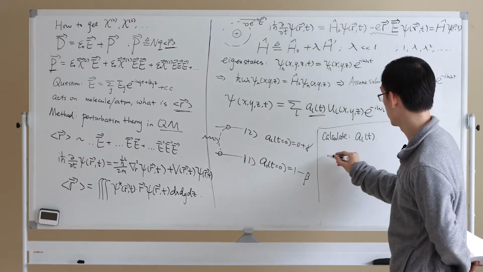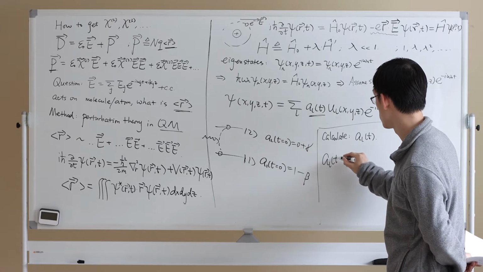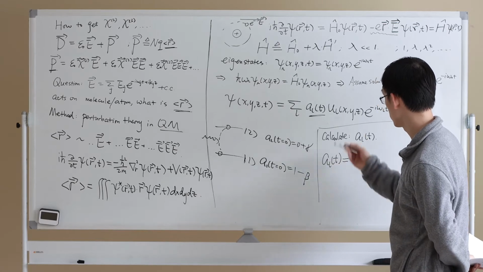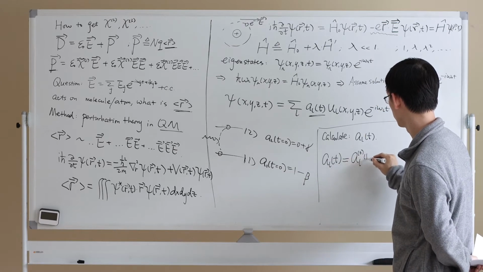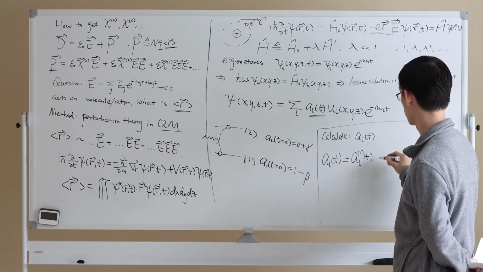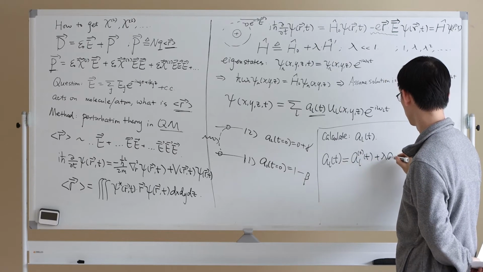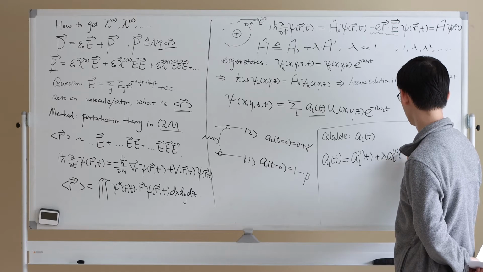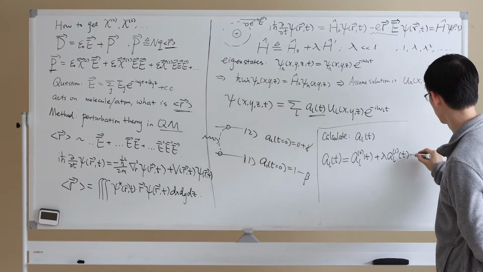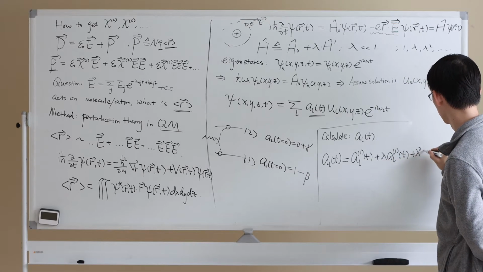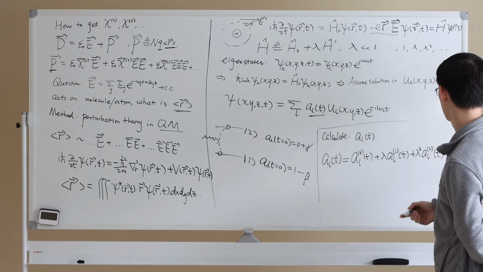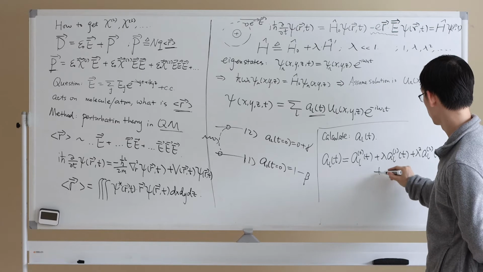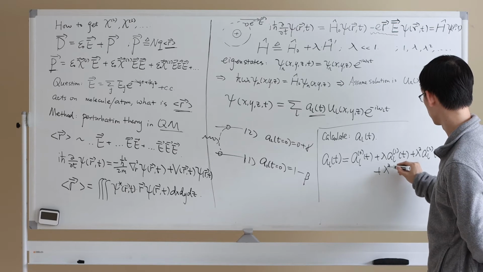So A_l(t) has the zeroth order term, lambda times A_l first order, then second order, third order, and then keep going.